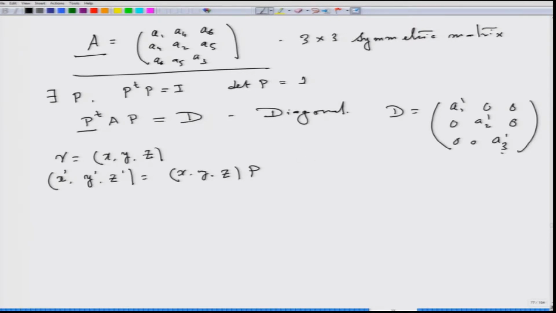Similarly, our B was B1, B2, B3, and I put B prime, with components B1 prime, B2 prime, B3 prime, equal to, maybe I put the vector sign also.